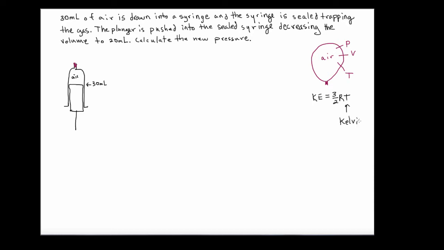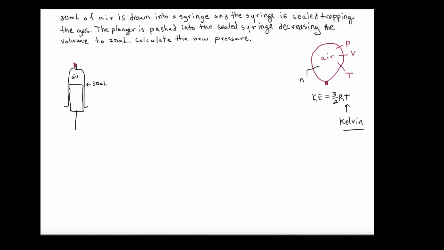It's important to know the temperature of a gas because it gives us a handle on the kinetic energy of the gas, and ideal gases only have one type of energy: kinetic energy.